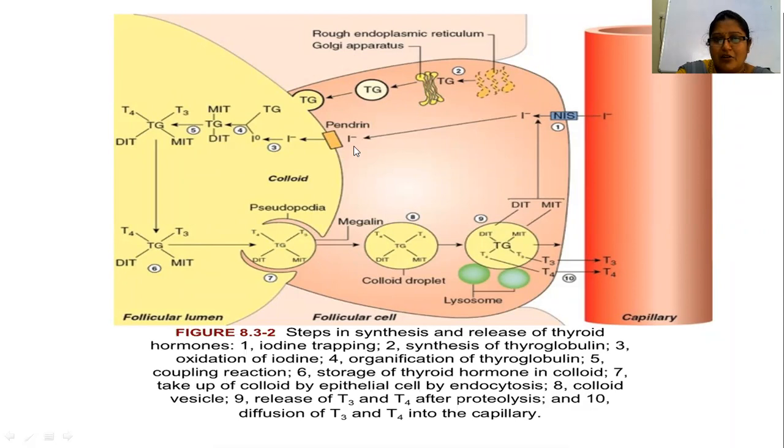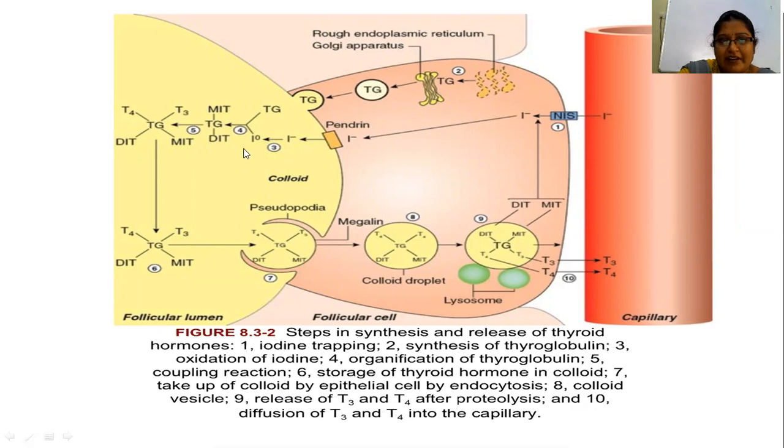For oxidation of iodide to iodine, the pendrin gene is necessary for the transport of iodine. If there is deficiency of the pendrin gene, it causes Pendred syndrome. We'll discuss this afterwards. This step of iodide to iodine is promoted by TSH and inhibited by thiourea, thiouracil.